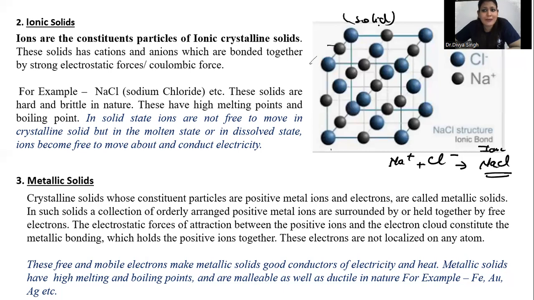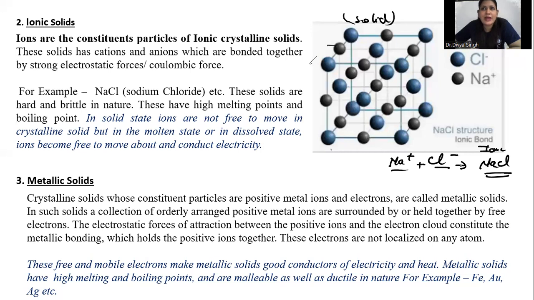But when we melt it or dissolve it in water, what happens? These ions become free to move. In the molten state they get separated, and in the dissolved state the ions get separated. Na plus moves in one direction, and the chloride ion moves in the other direction. They get dissociated over there.